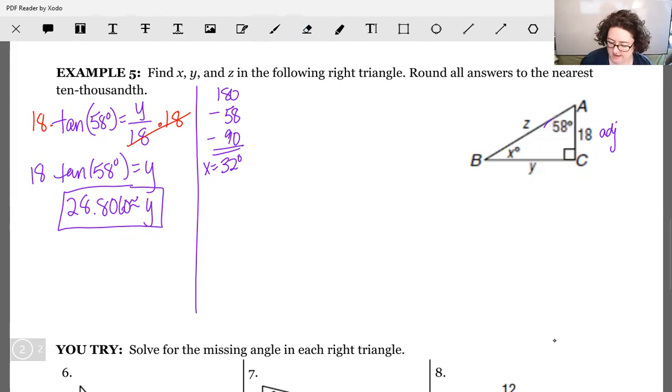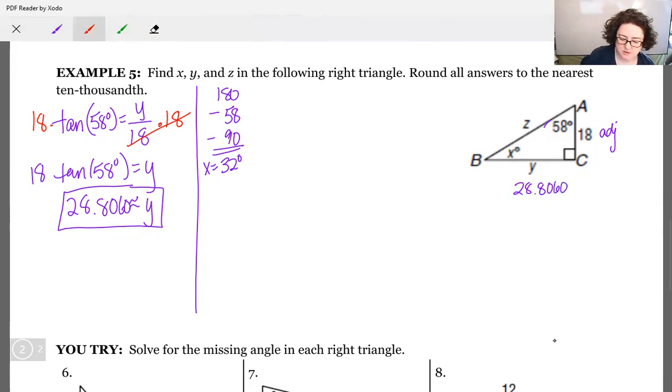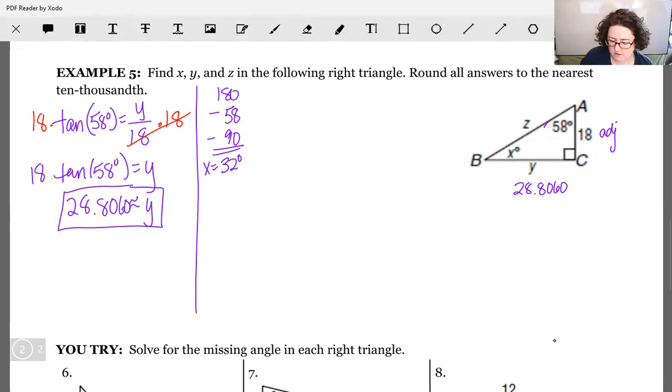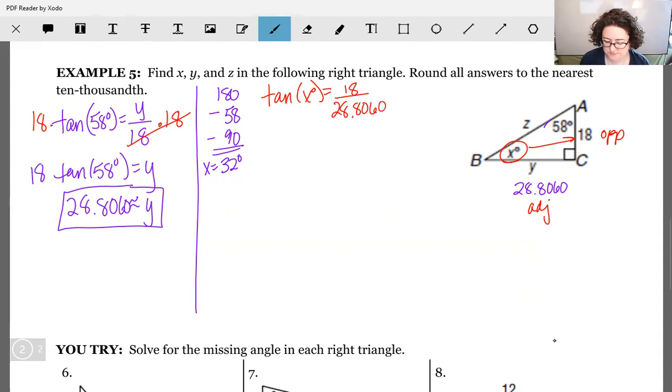So we now know that y is 28.8060 compared to our angle x. I have my opposite and my adjacent, which means I can use the tangent ratio. So tangent of x equals 18 over 28.8060. And so do your flip-flop.